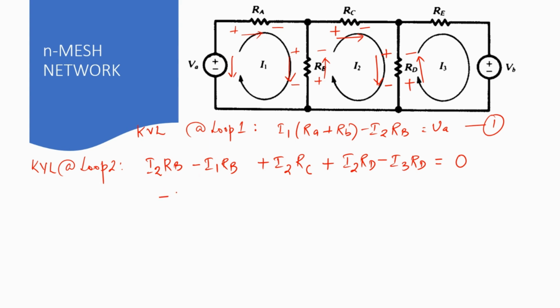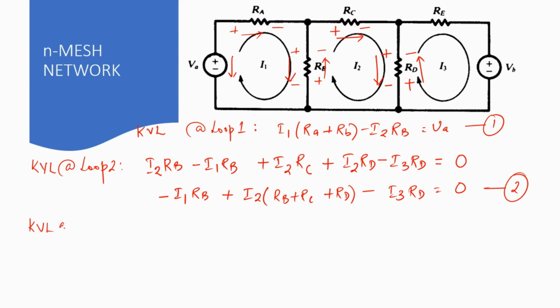So we get minus I1 RB plus I2 (RB plus RC plus RD) minus I3 RD is equal to 0. This becomes my second KVL equation for loop 2.